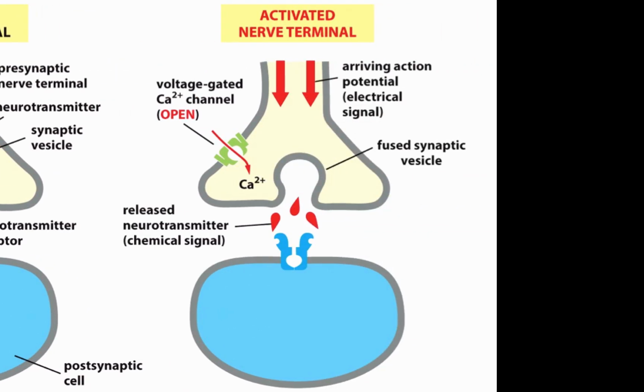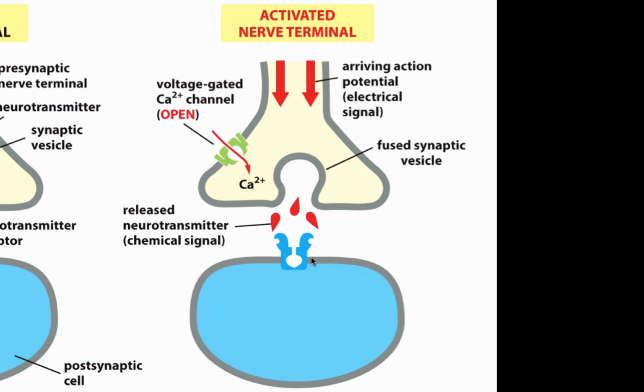So when you have an action potential migrating down the axon, and that action potential gets to the terminal, it's going to induce the opening of the voltage-gated calcium channel, and that is going to allow for the influx of calcium ions. The influx of calcium ions is going to mediate the fusion of the synaptic vesicles, which then will release the neurotransmitters into the synaptic cleft.